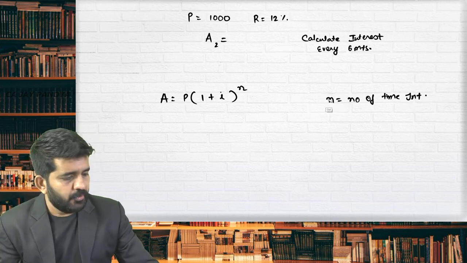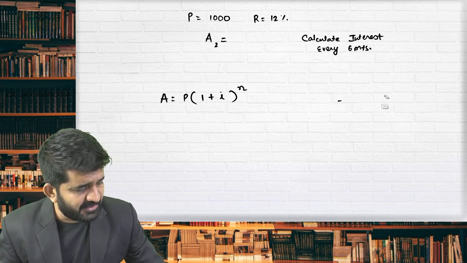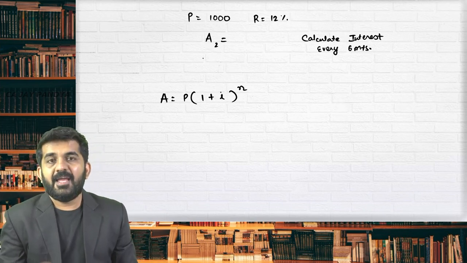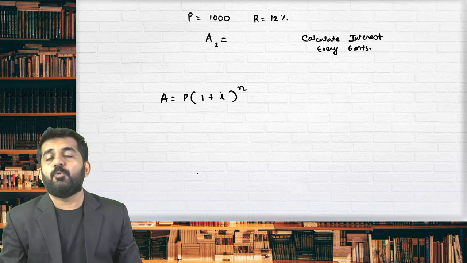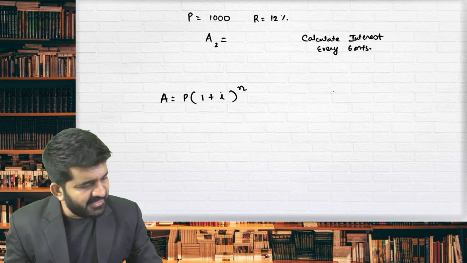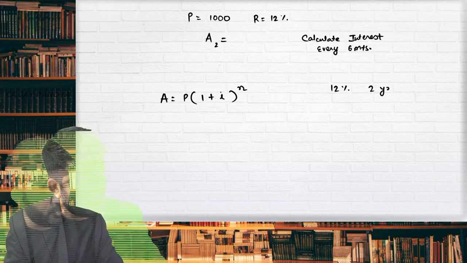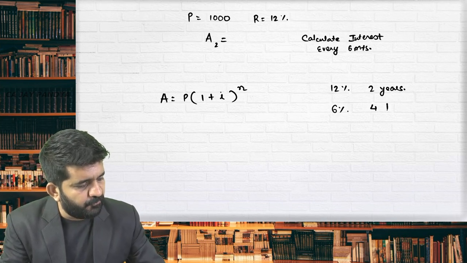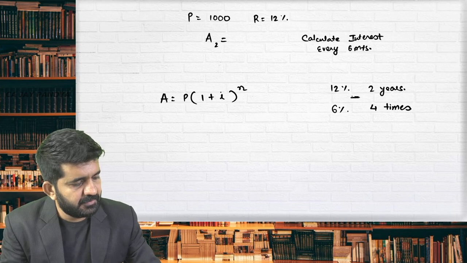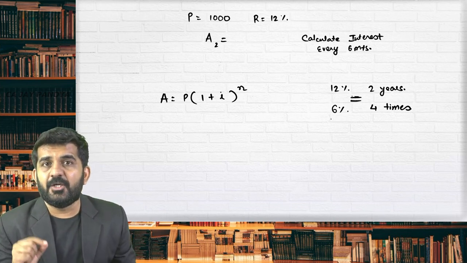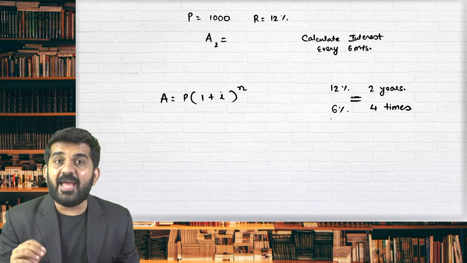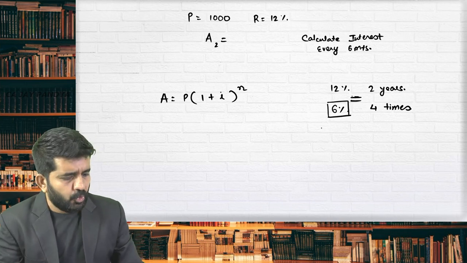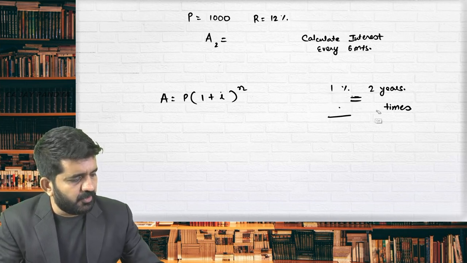So now if you are investing for 2 years and interest is calculated every 6 months, you will be getting 6% for 4 times, instead of 12% for 2 years. Because in 2 years there are 4 six-month periods, and as it is 6 monthly, instead of 12% you will be getting 6%. So this formula can be easily converted.